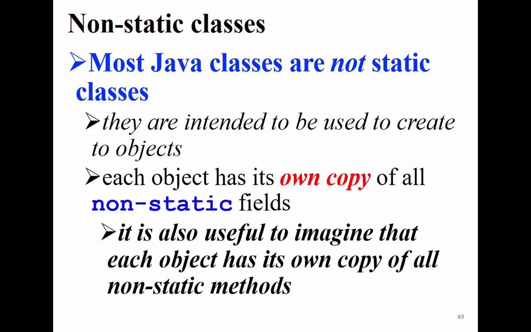So it's good also to imagine that each object that you create from a class has its own version of methods, even if that is fixed. But it's good to have the complete picture here: you have your own copy of attributes, your own values for the attributes for each object, and also the same methods.